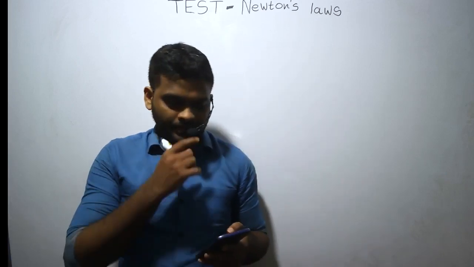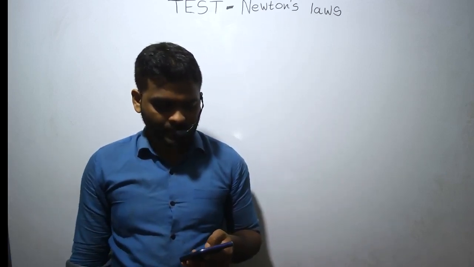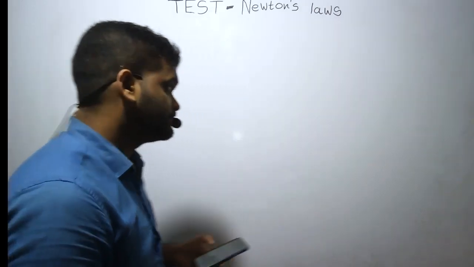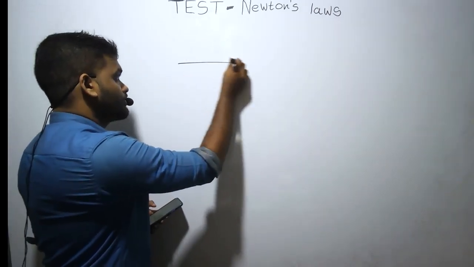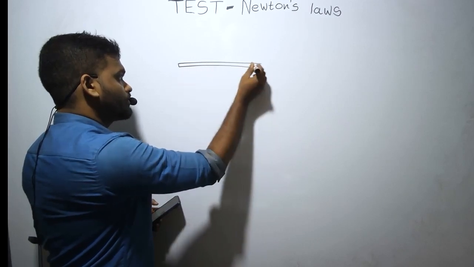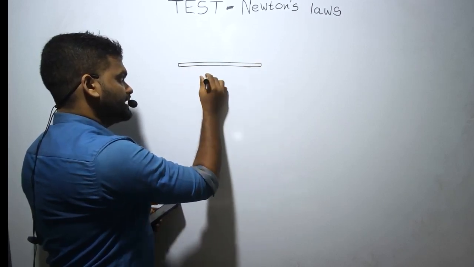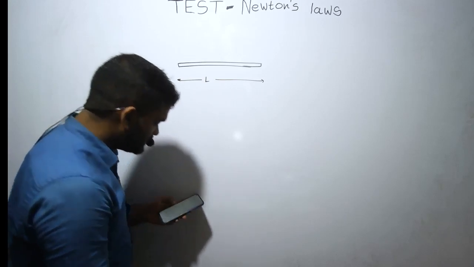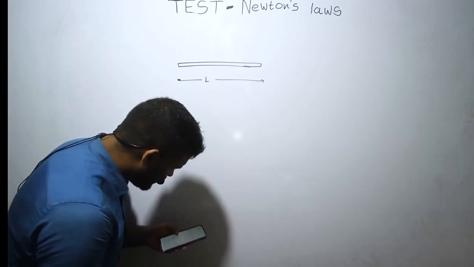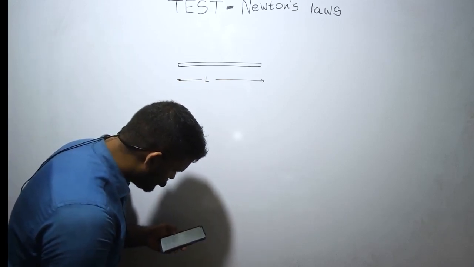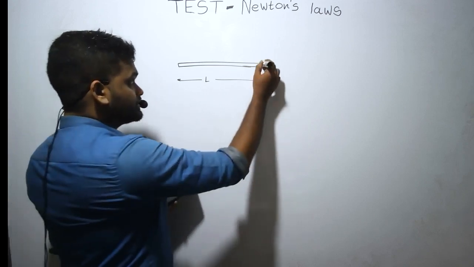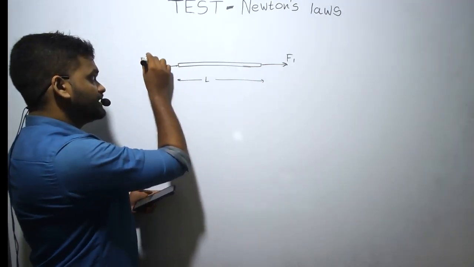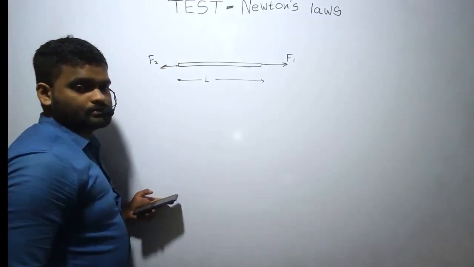Right, 10th. A uniform rod with length L, total length is capital L, is placed on a smooth surface and forces are applied. On this side F1, they say F1 is larger, and from the other side there's a force acting F2.